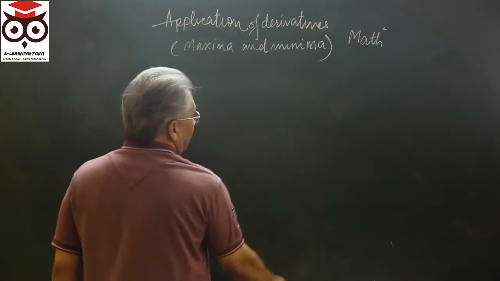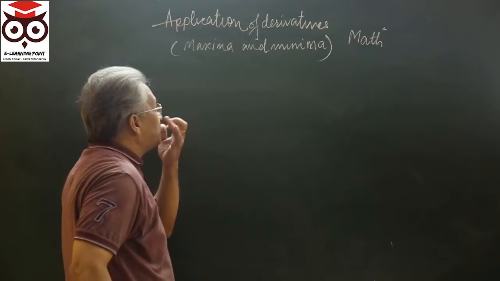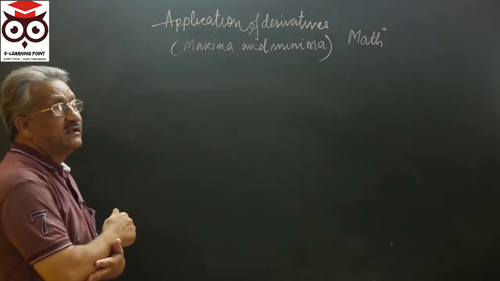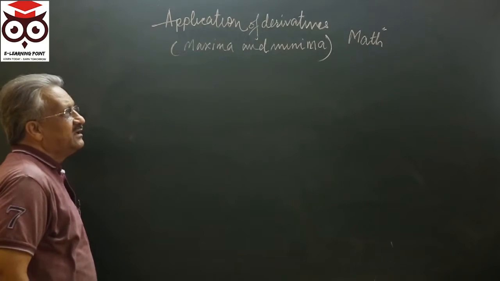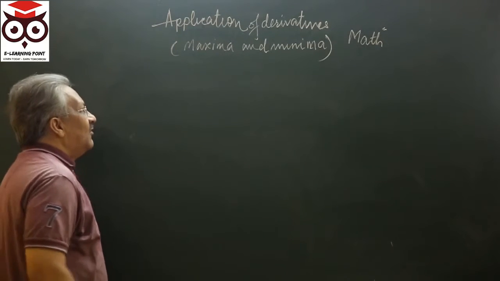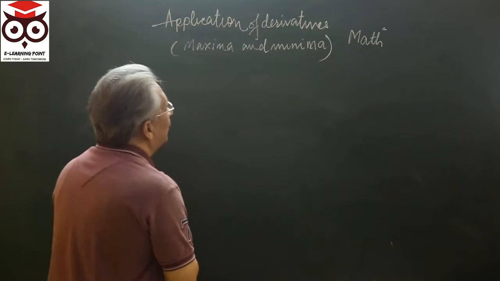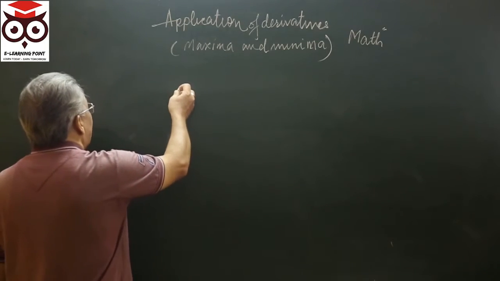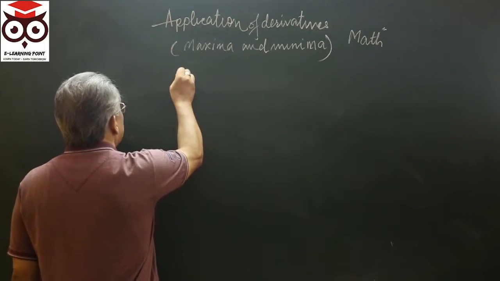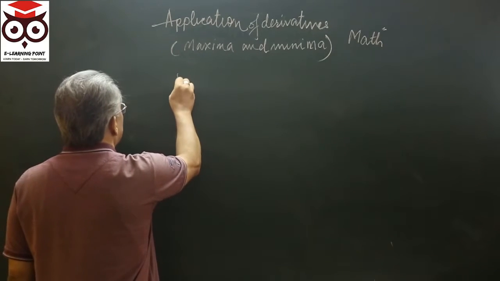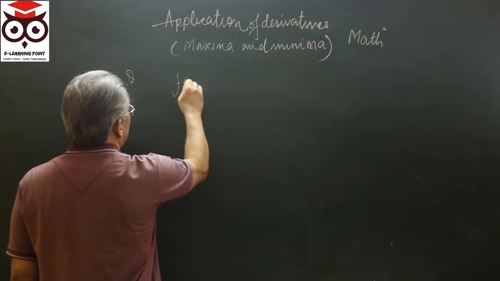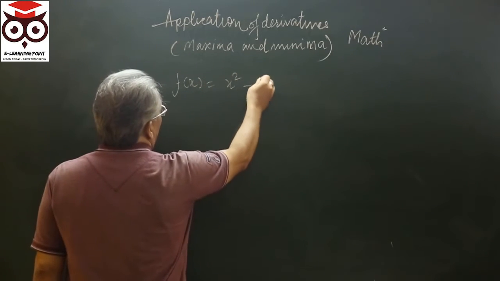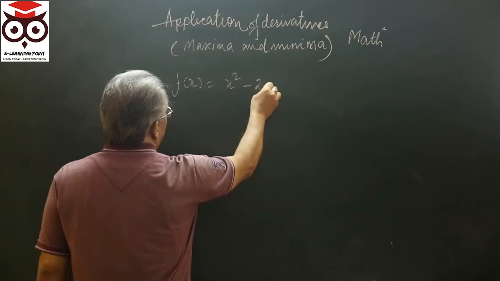So how can I explain maxima here? First I will discuss the second derivative because it is very important for all of you, right? So how will I find it out and sort out my problem. Suppose this is your question, f(x) is equal to x square minus 2x.